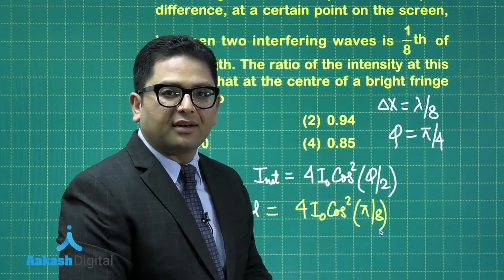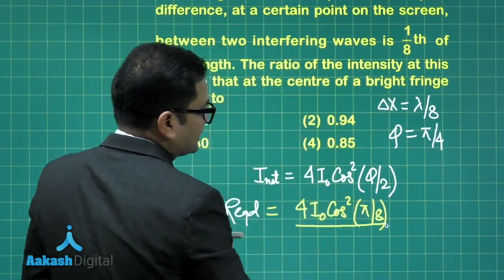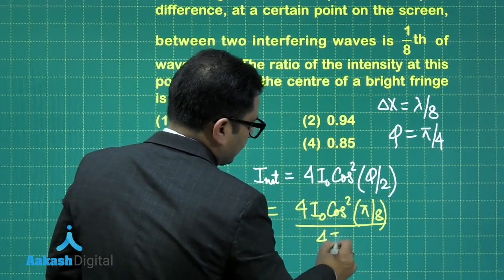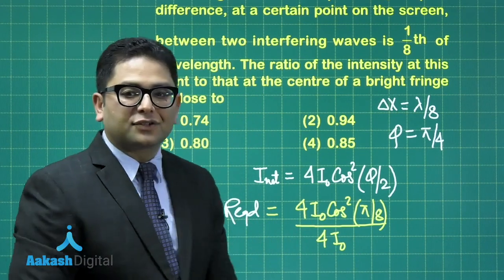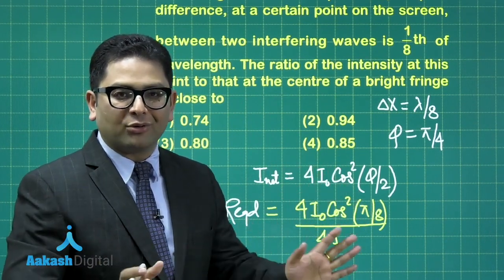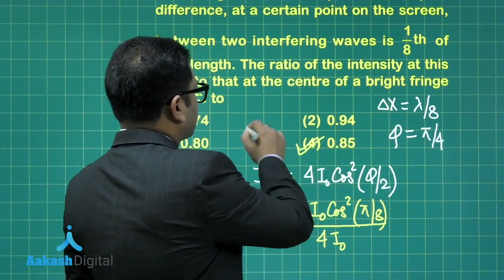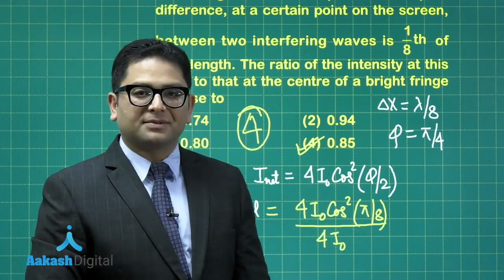And the next is the case where the intensity is maximum, so quite obviously this one is going to be 1 and that will be 4 I naught. So this is the required thing. A bit of trigonometric effort, not at all difficult, your regular bread and butter. You do that, you come up with option number 4 as the correct option for 25th question.